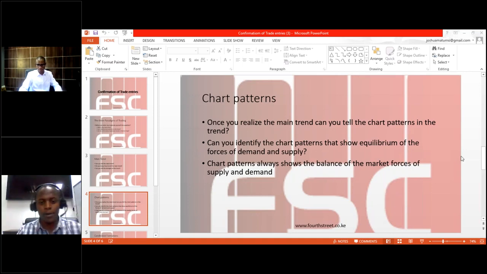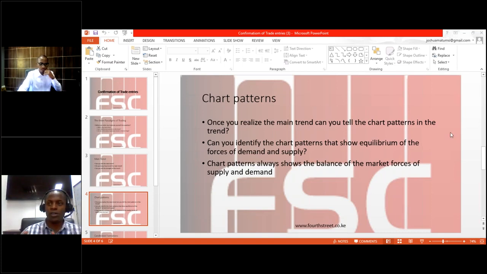Yes, chart patterns. Now, these patterns show you how the forces of demand and supply relate to each other. And when there is a balance of the price, where the buyers are in agreement with the sellers, we normally see the prices ranging or consolidating.